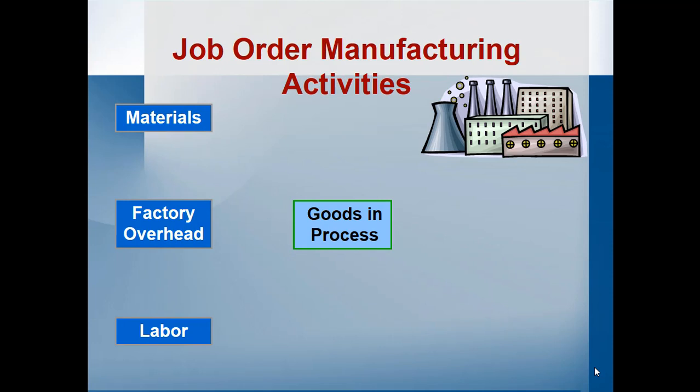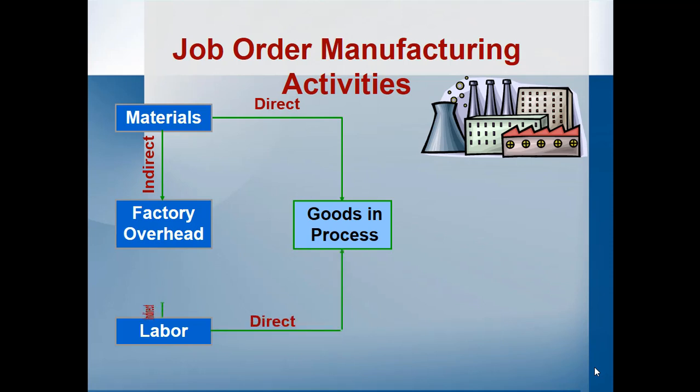All right, so for my job order manufacturing activities, remember we talked about allocating all of these different costs in Chapter 18. And for a job order costing system, it works in the same way. All right, so you have materials, right? And those materials, we classified them as either direct or indirect. And if they were direct, they went right into work in process, or it's called goods in process here. If they were indirect, they went right into factory or manufacturing overhead. We had labor, right? If it was direct, it went right up into work in process.